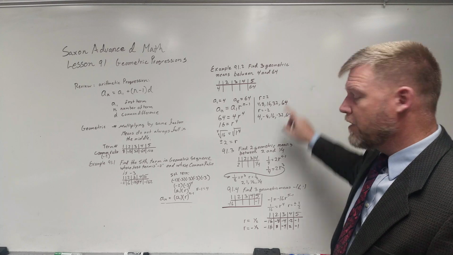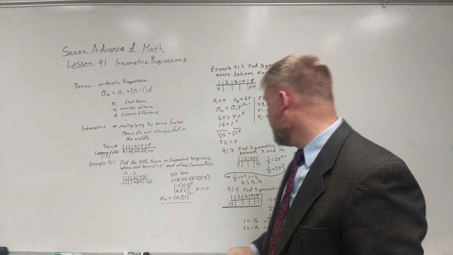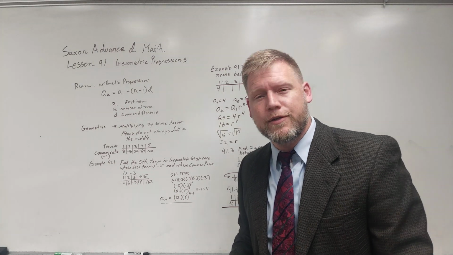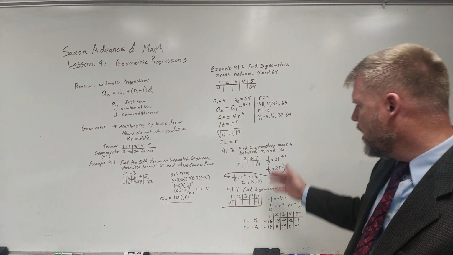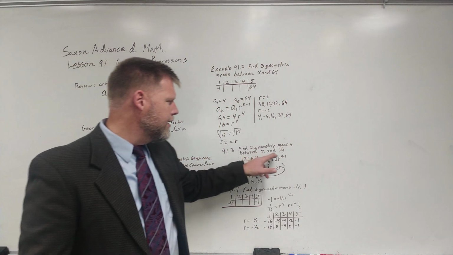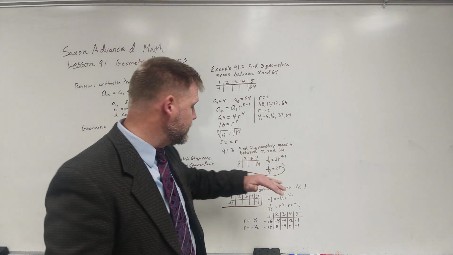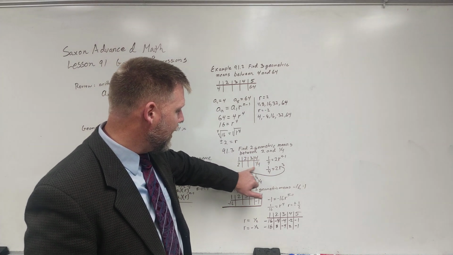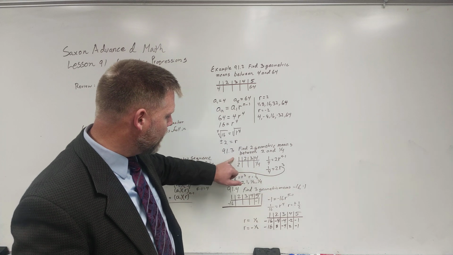Now let's move on to 91.3, and I'm doing all these examples because they get progressively more difficult, and I want to make sure we're understanding this. 91.3 says find two geometric means between 2 and 1/4. Once again, I start with my box. There's my first term, I want 2 blanks, and my last term, and then I number them 1, 2, 3, 4.